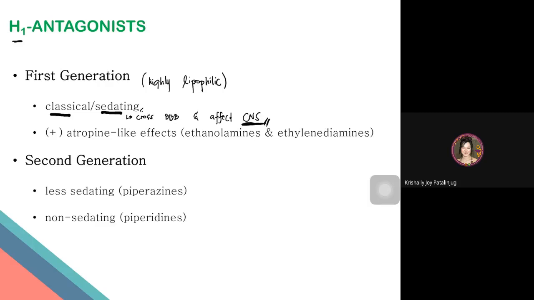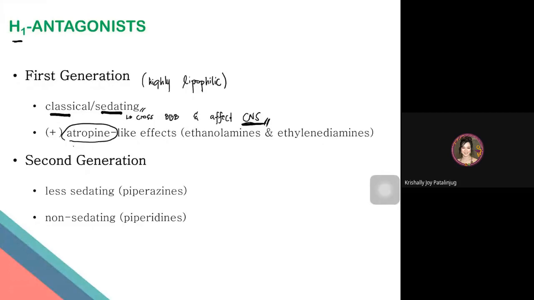Another thing, a characteristic ng first gen, they have this atropine-like effects. You tell me, what is the classification of atropine? Is it a cholinergic agonist or cholinergic antagonist? Agonist or antagonist? Very good. Atropine is an antagonist.